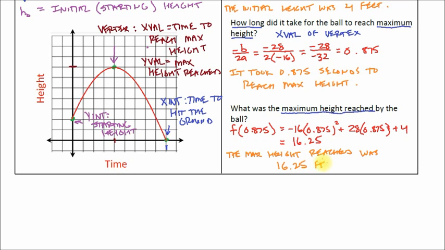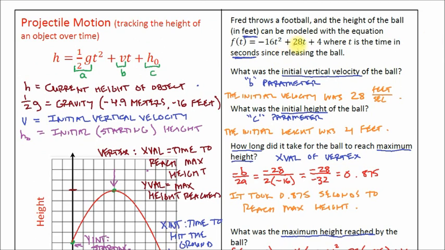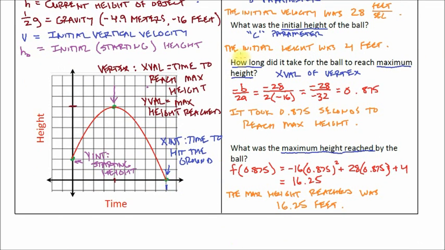Make sure you get your unit of measure, feet. So now you see from this example that we can use a bunch of things from the equation. We've got initial vertical velocity, the initial height. We can use the vertex to find how long it takes to reach maximum height on our graph, and we can use the y value of the vertex to find what was the maximum height reached.